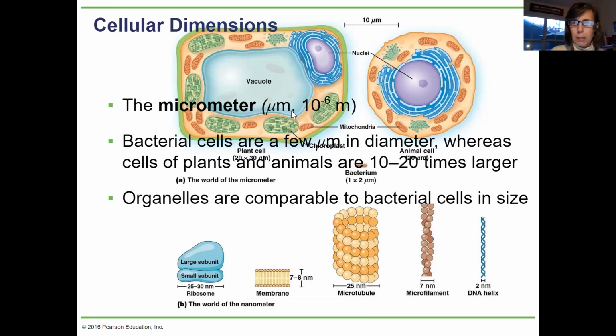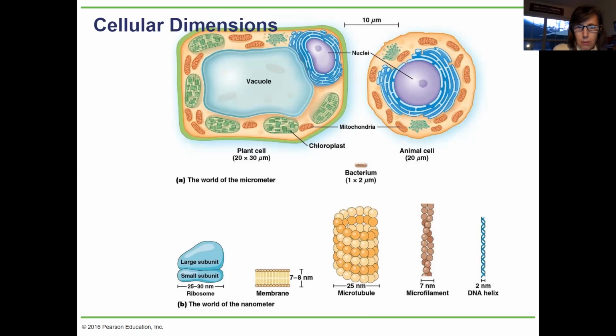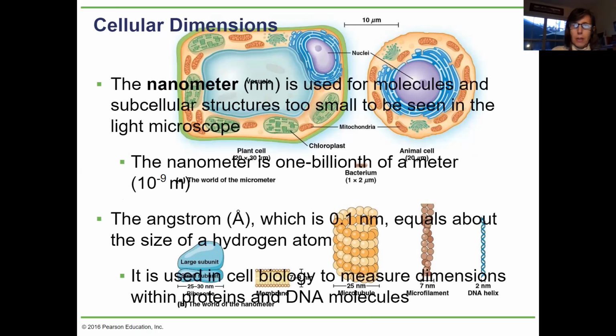Now, the micrometer is 10 to the minus 6 meters. Now, you probably are more familiar with a centimeter. So a centimeter is 10 to the minus 2 meters. A millimeter, 10 to the minus 3. Micrometer, 10 to the minus 6. And the next one that you'll run across is the nanometer.